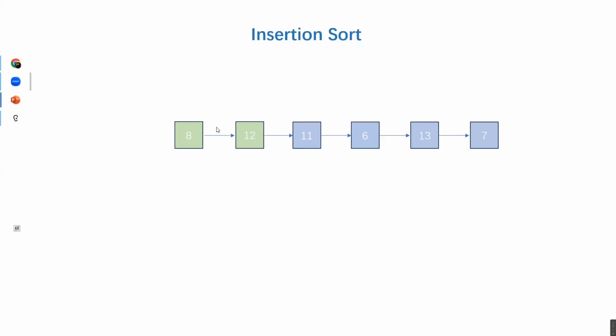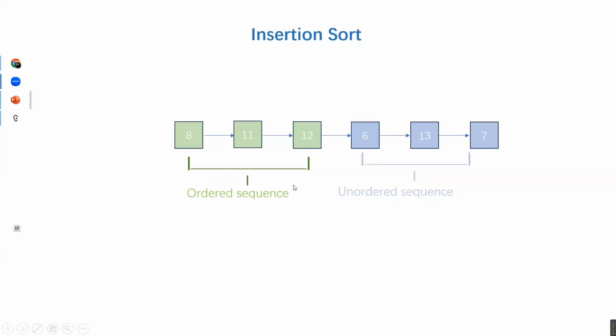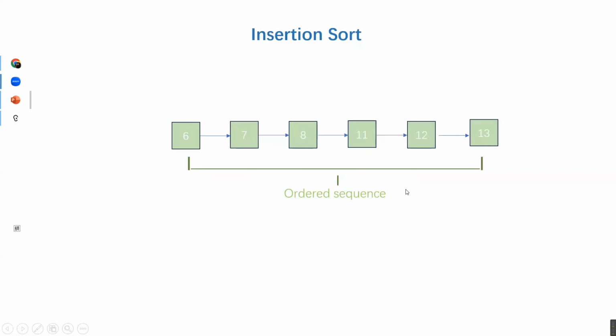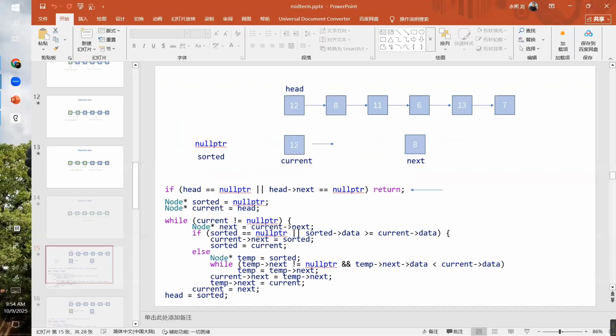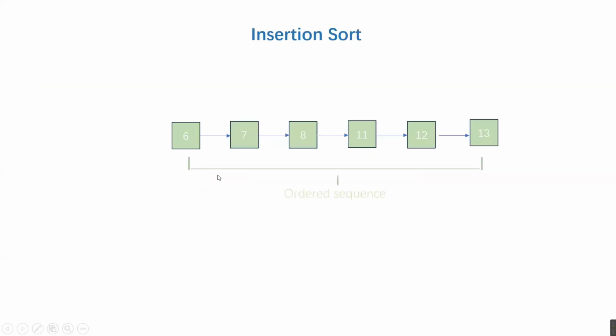So we insert it into this part, like that. And finally, we will insert all the elements into the correct position, and finally we will get the whole sorted sequence, right? Like that. All right.